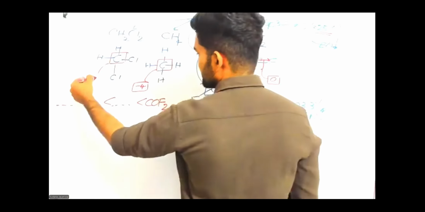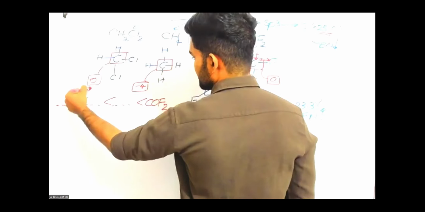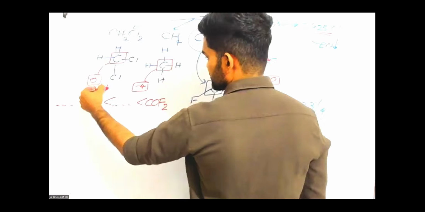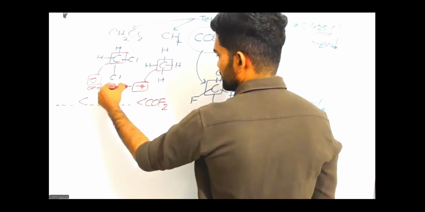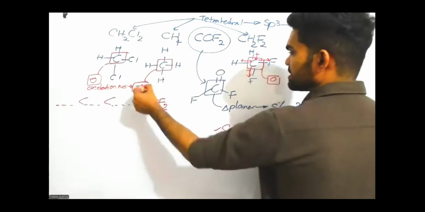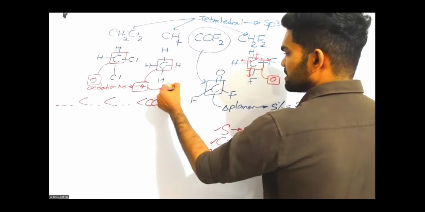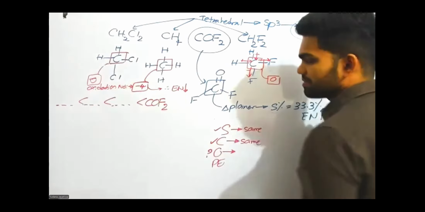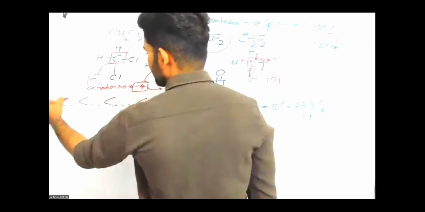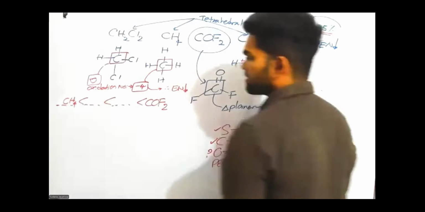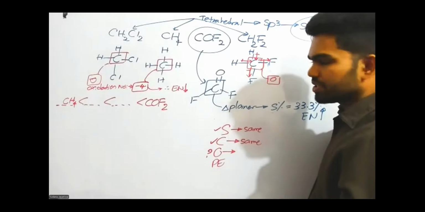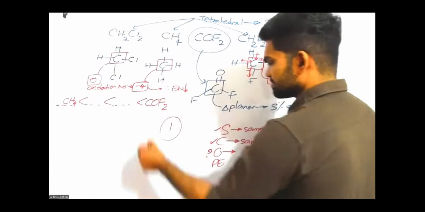This one is also 0 oxidation number. So now you can see the oxidation number is lowest for -4. Therefore, this one is the least electronegative compound, CH4. CH4 is the least electronegative compound. Understood? So then your answer will be answer 1.